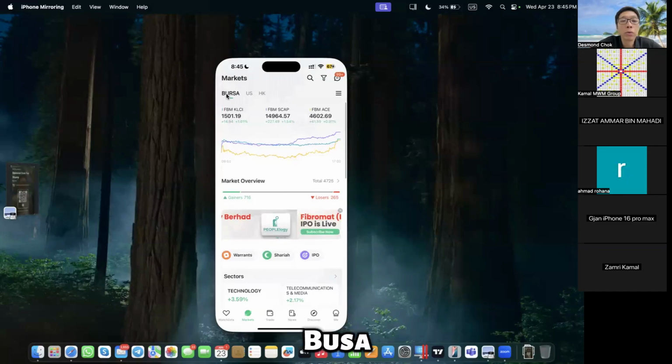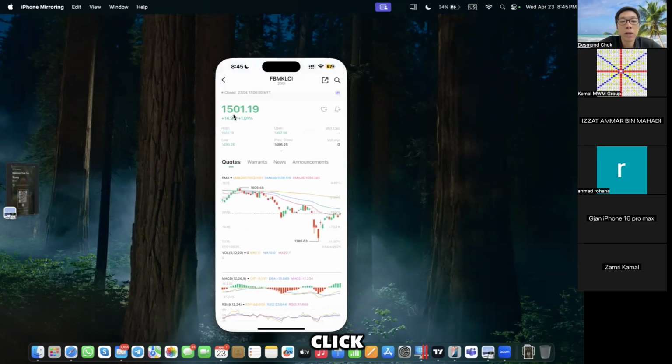Oh, okay. So Bursa, you can see is divided into 3 segments. One is the main one, the Bursa FBM KLCI index. This one is small cap. This one is market. If you click here, you can see this is the chart for FBM KLCI. This is how the performance has been so far. Today is 14 points up.